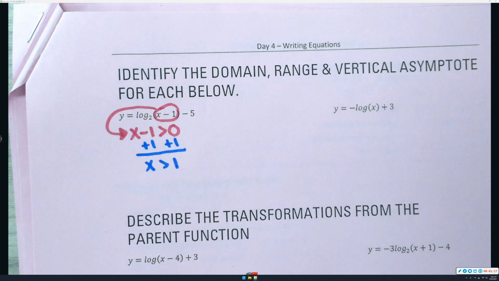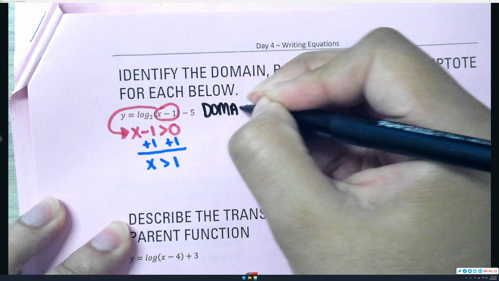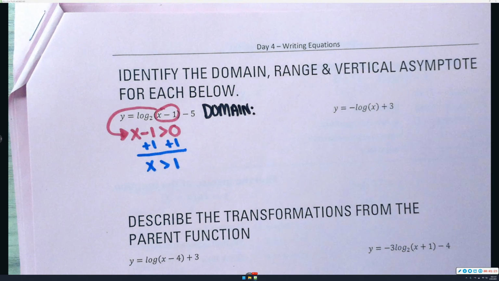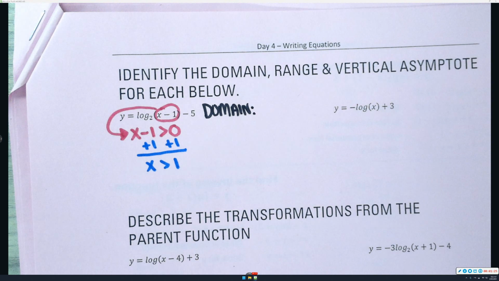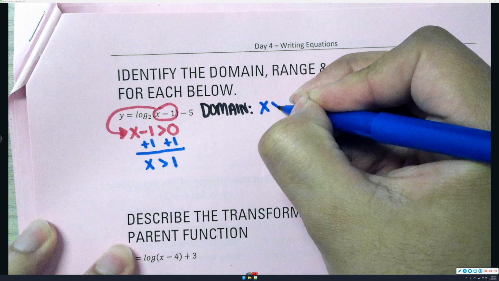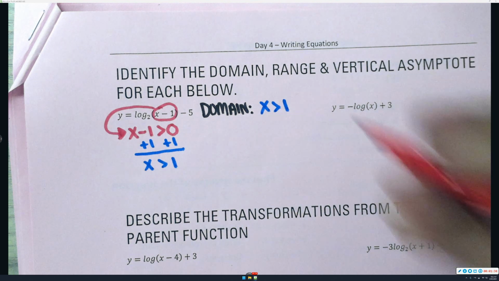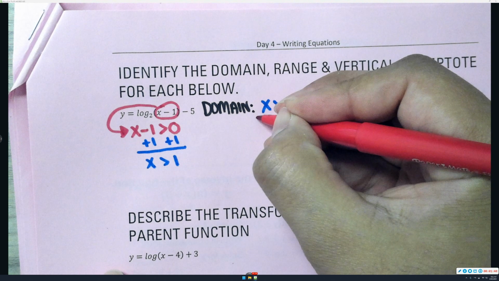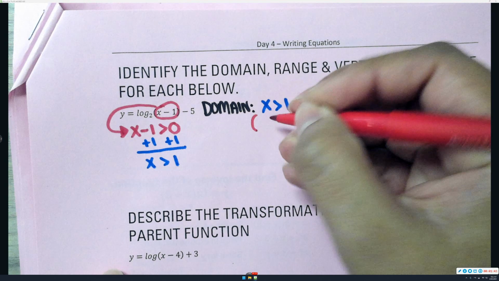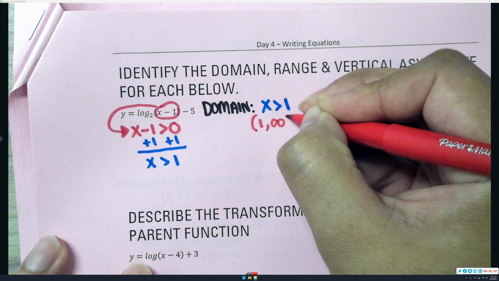So on the right-hand side, I want you to write down domain. And we're going to write down all three different notations. First, let's begin with the inequality notation, which is x is greater than positive 1. We will then write down the interval notation, which is parentheses 1 all the way to positive infinity.